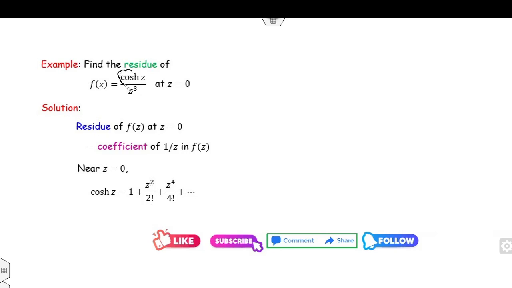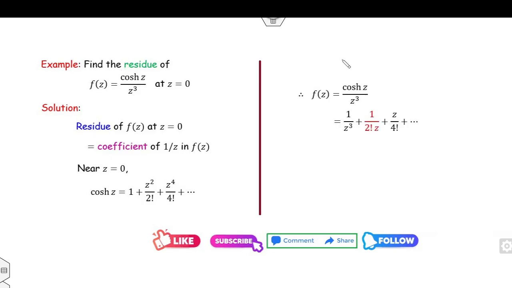Again, the cosh is in the numerator, so there is no need to convert it into 1. Can you find the value of f(z)? I can substitute the series into the given function. It is 1 over z cubed plus 1 over 2 factorial times z, plus z over 4 factorial and so on. So what do you obtain? This implies z equal to 0 is a pole.